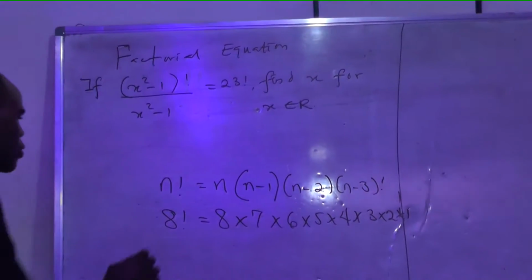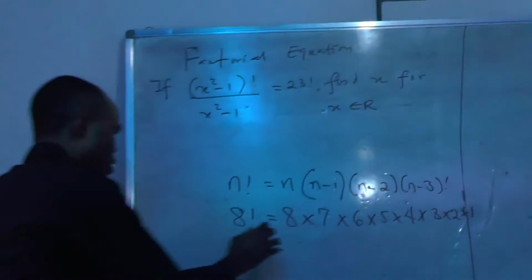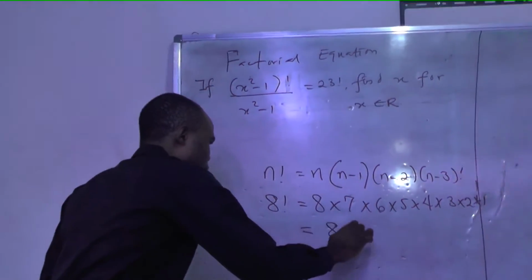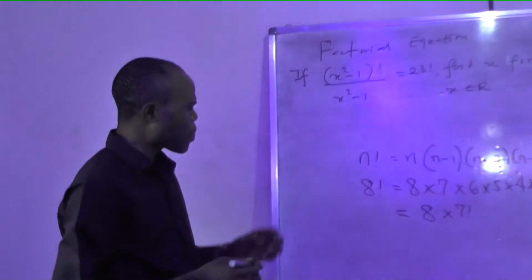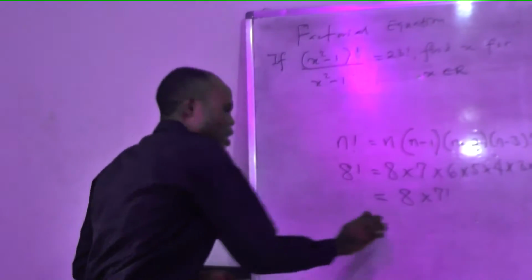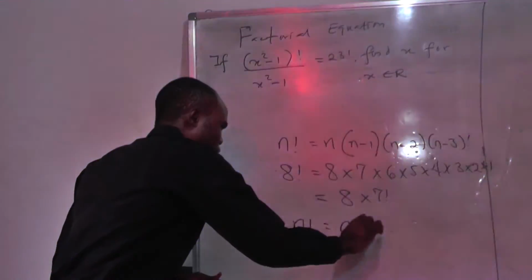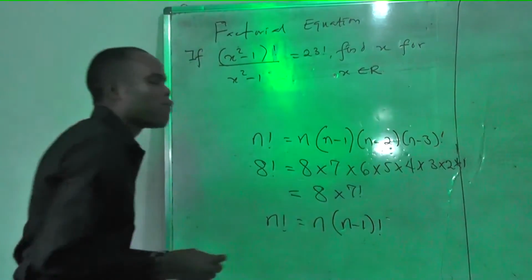In short form, 8 factorial can be written as 8 multiplied by 7 factorial, which simply means that n factorial can otherwise be written as n times (n minus 1) factorial.